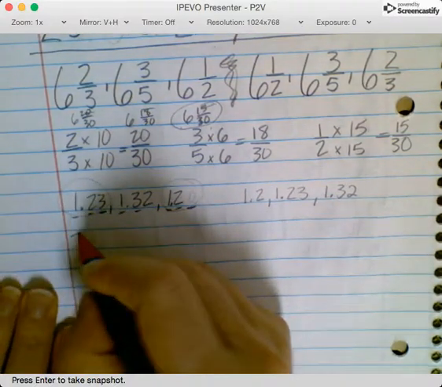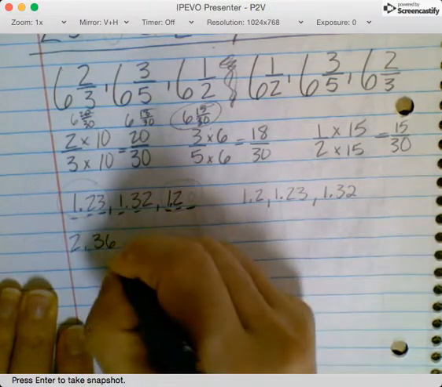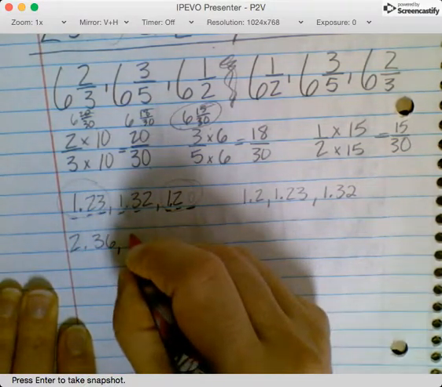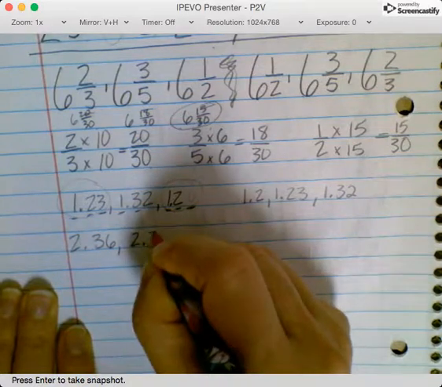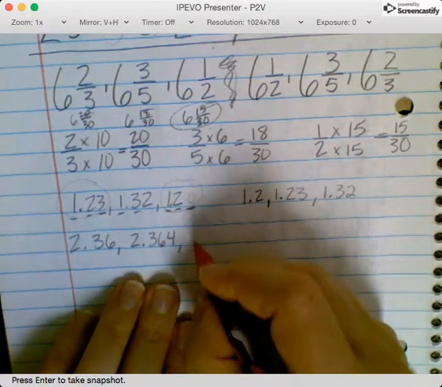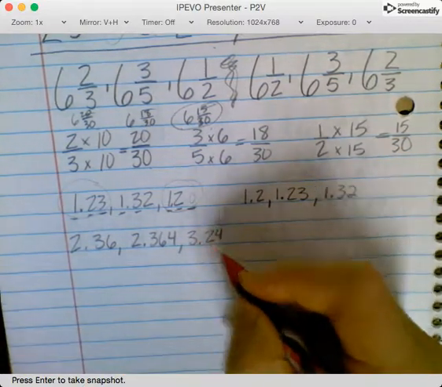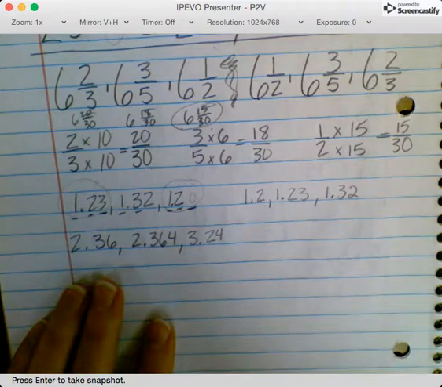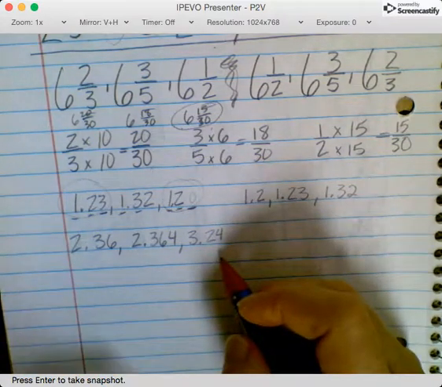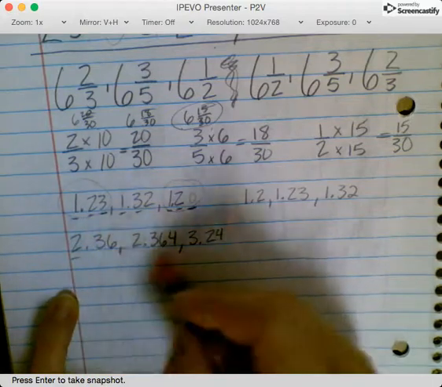Another example, 2 36/100, 2 364 thousandths, and 3 24/100. So to compare those, I start again from left to right.